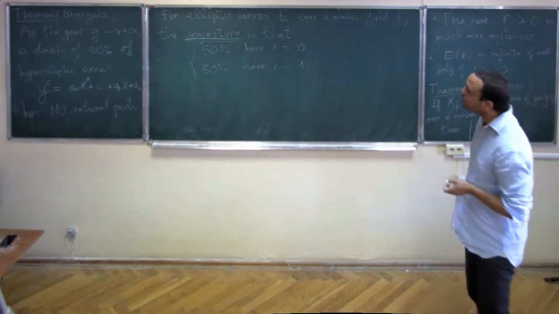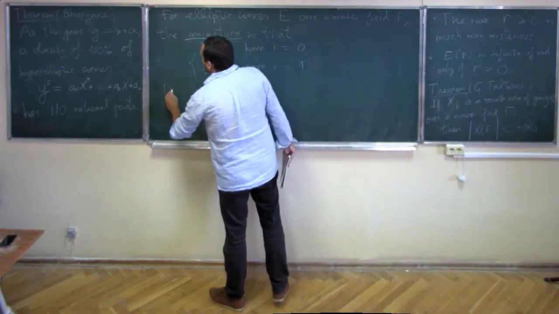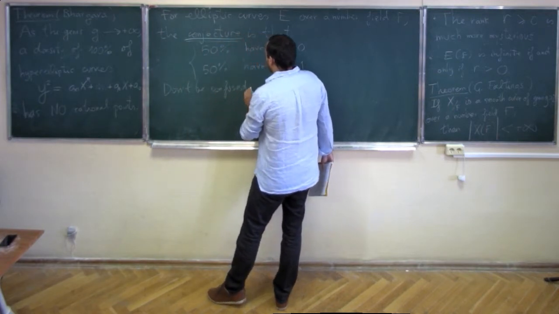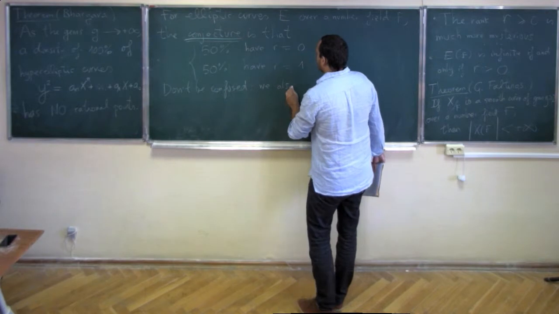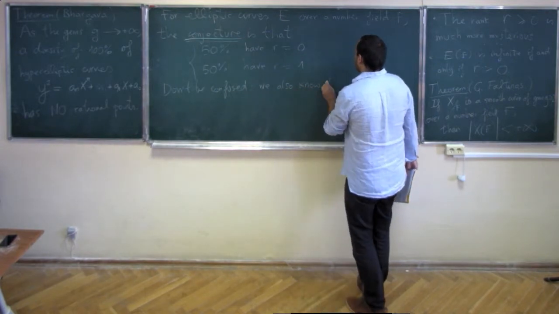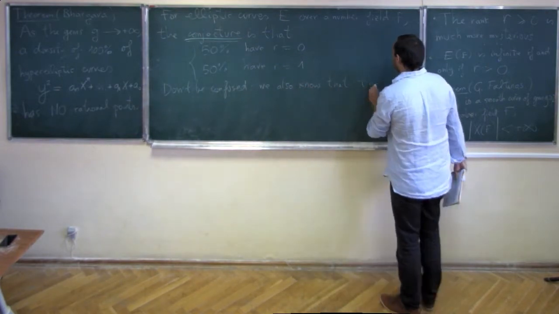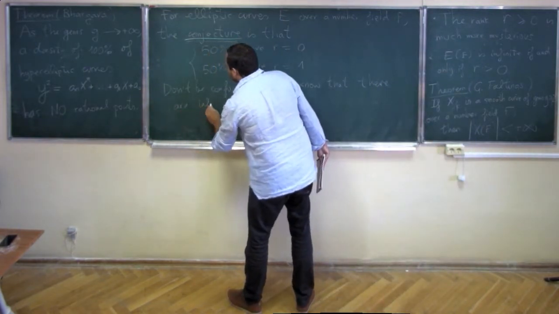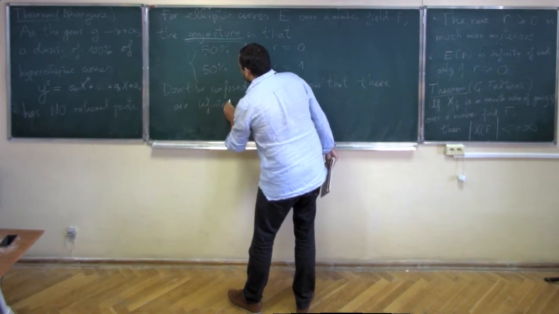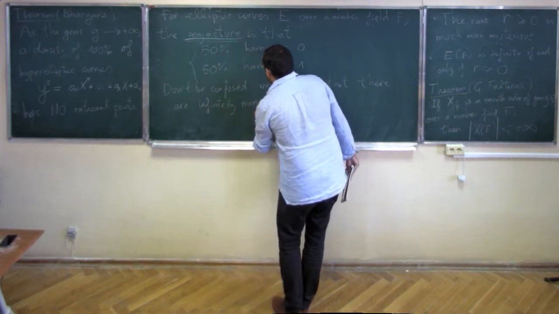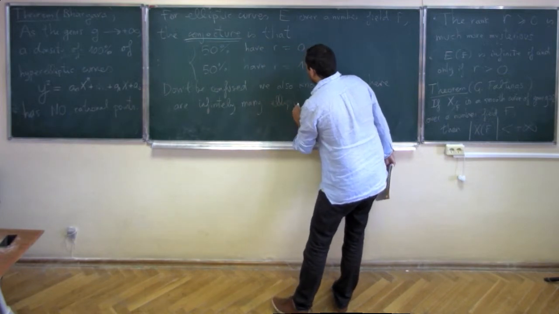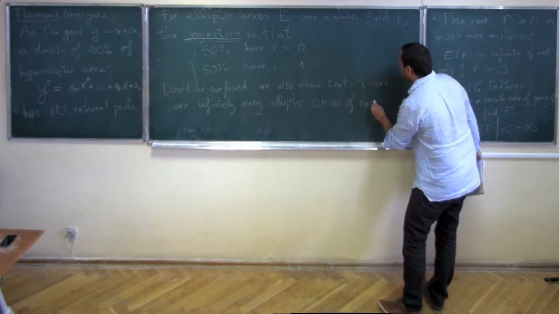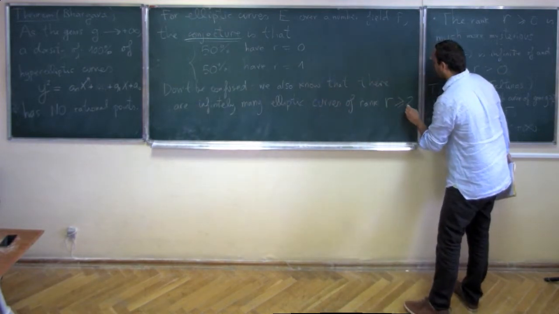It is also proved that, don't be confused, because we also know that there are infinitely many elliptic curves of rank r greater or equal to 2.